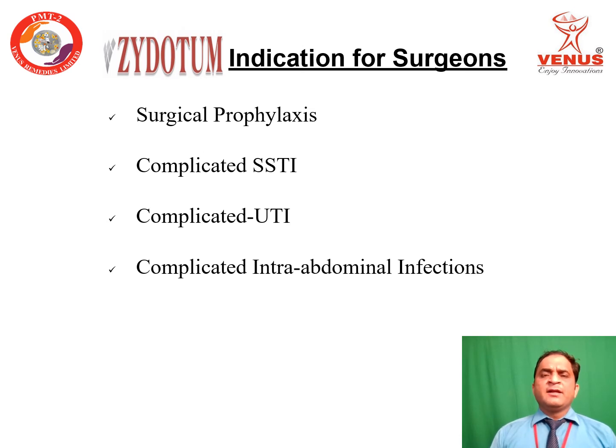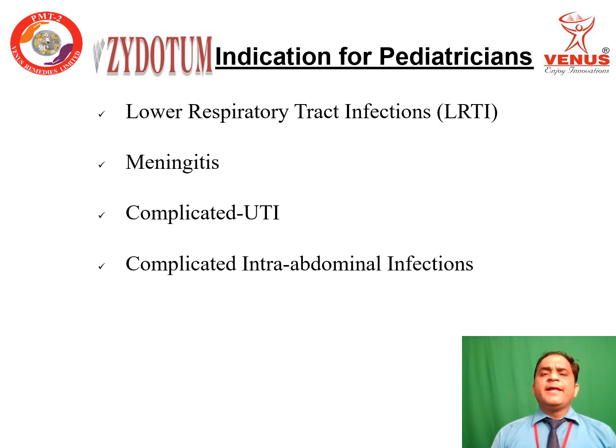A surgeon can recommend our Gyroterm in surgical prophylaxis, complicated SSTI, complicated UTI, and complicated intra-abdominal infection. Now, indication for the pediatrician. A pediatrician can also use our Gyroterm in LRTI, meningitis, complicated urinary tract infection, and complicated intra-abdominal infection.